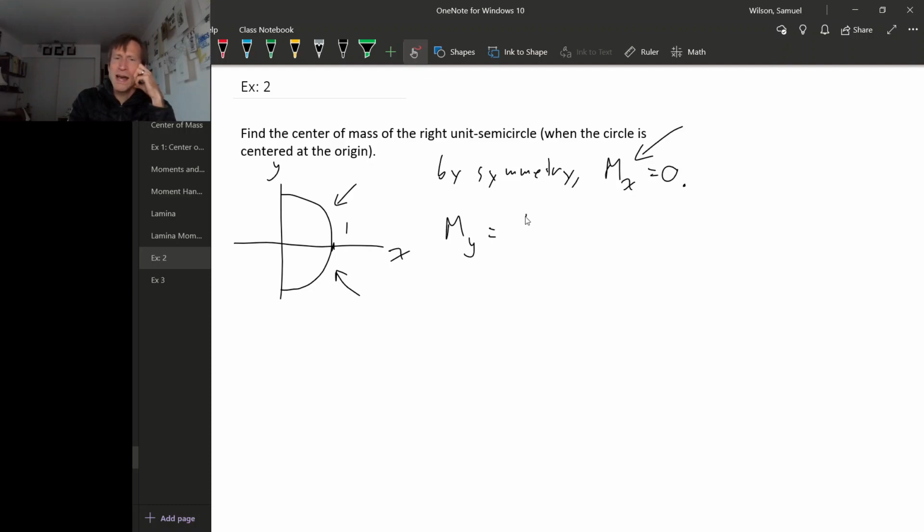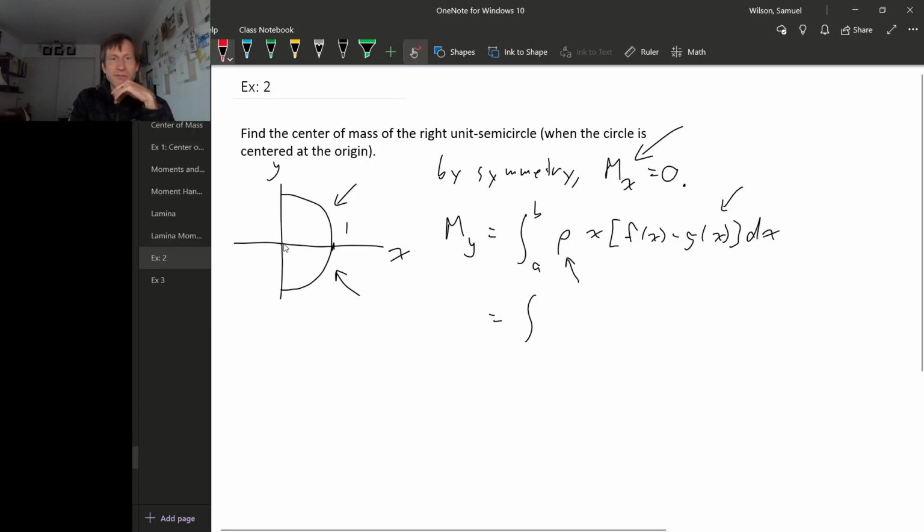Remember, the moment about the y-axis is, in general, if your region is bounded above and below by a graph, the integral from a to b of your density times x times f of x minus g of x dx. We don't have a density, but we can figure out these functions. We're going to be integrating from 0 up to 1 in the x direction.